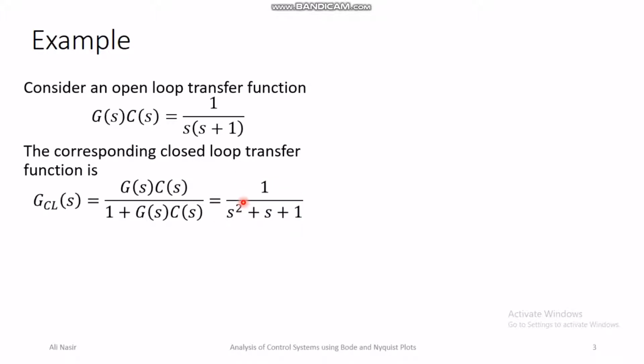So this example tells us something: for the closed loop system to be asymptotically stable, it is not required that the open loop system should also be asymptotically stable.